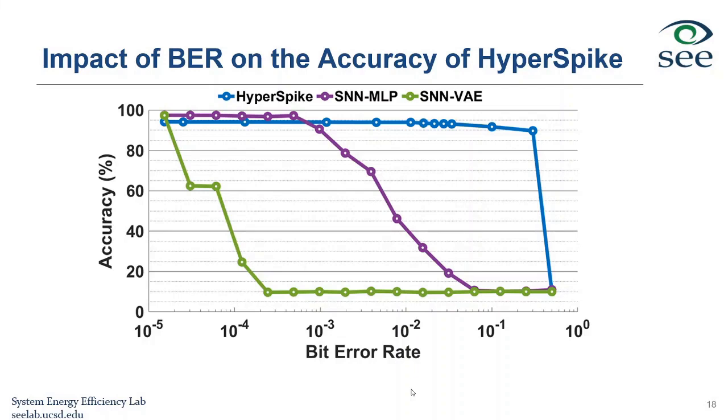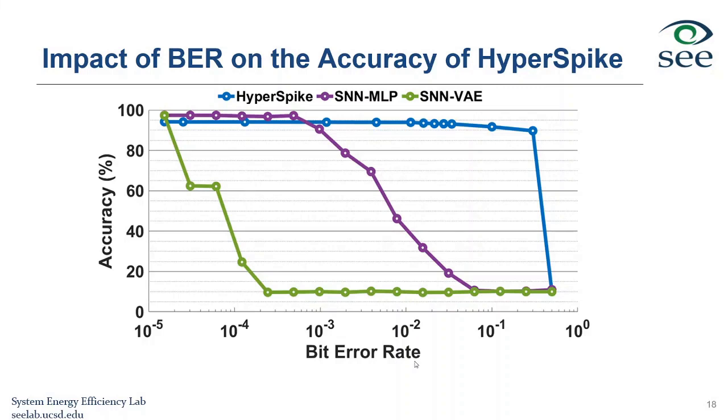Furthermore, as the bit error increases on the x-axis, HyperSpike is able to maintain accuracy for higher bit error rates than the other classifiers. This is due to a combination of high dimensionality with the hypervectors and the binary representation used for those hypervectors in HyperSpike.